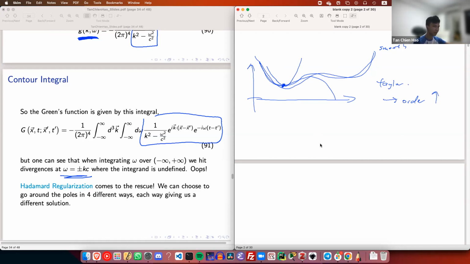However, this doesn't always work. Let me think of a function, like 1 over x squared minus 1. If I plot this function, what does it look like?